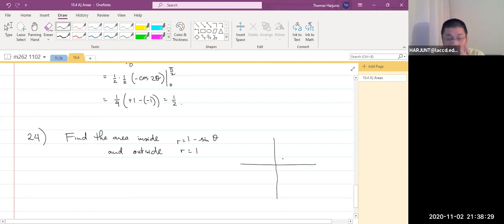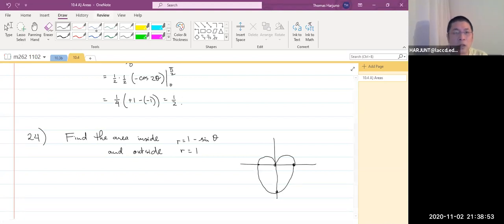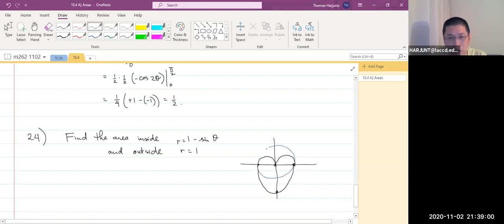When theta equals 0, r is 1, then 0, 1, 2. So it looks like this. But outside r equals 1, so outside of the circle.